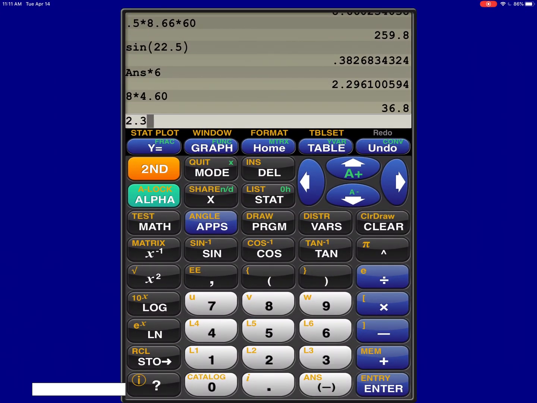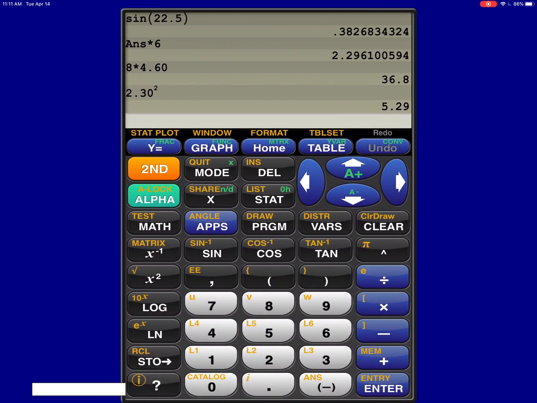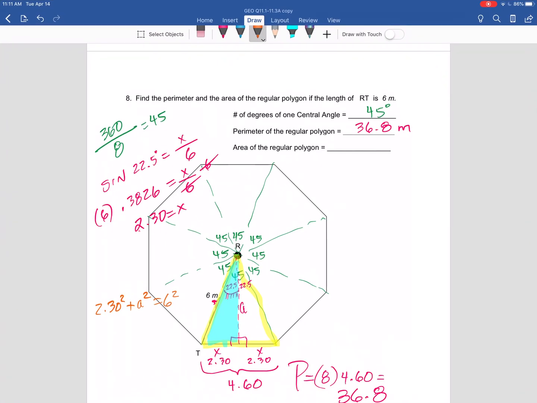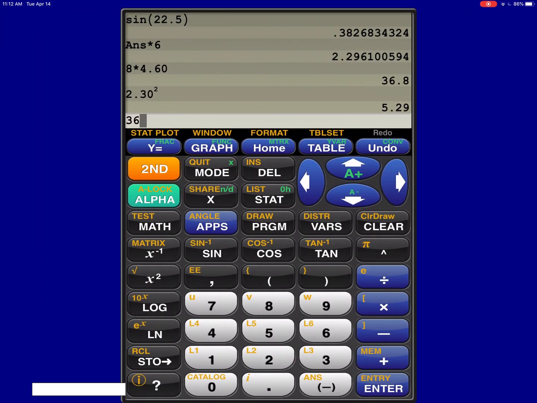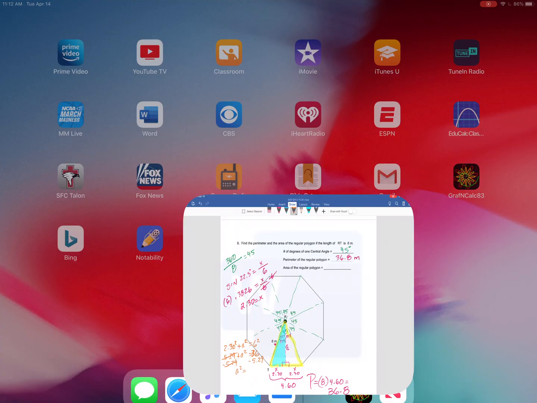First of all, 2.30 and square it. There it is, 5.29. Good, 5.29 plus a squared equals 36. Minus 5.29 here, minus 5.29 here. A squared equals 36 minus 5.29, good, 30.71.